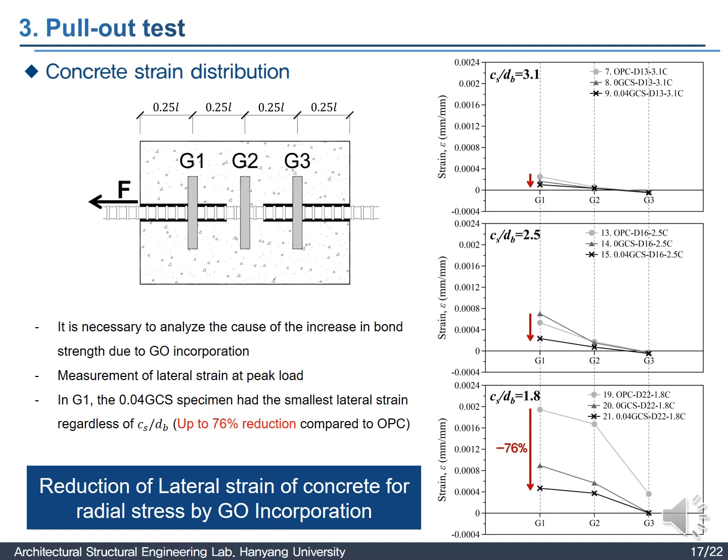The lateral strain at G3, which is the farthest from the loading direction, did not show a significant difference between the formulations. However, the difference became more pronounced as it got closer to the loading direction, in G1.